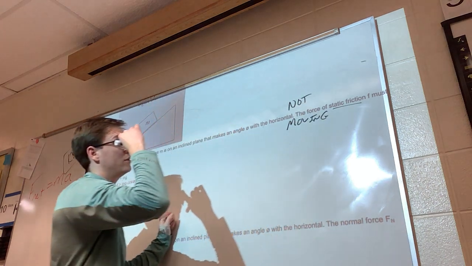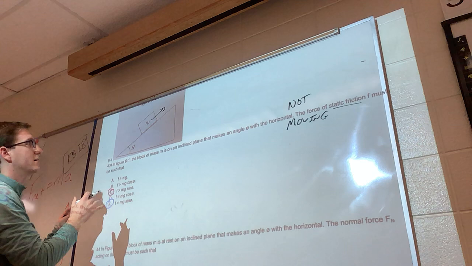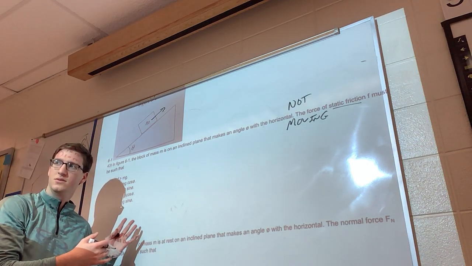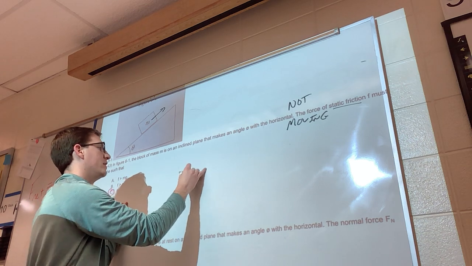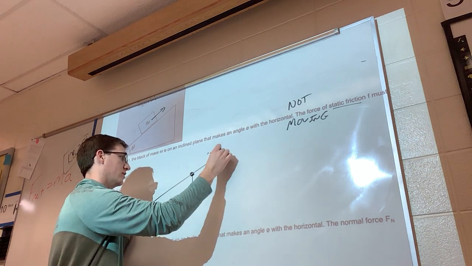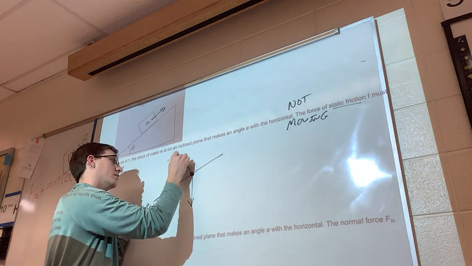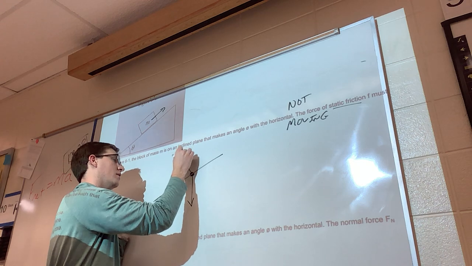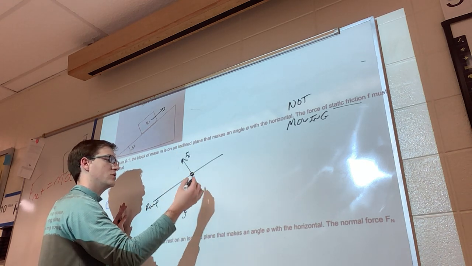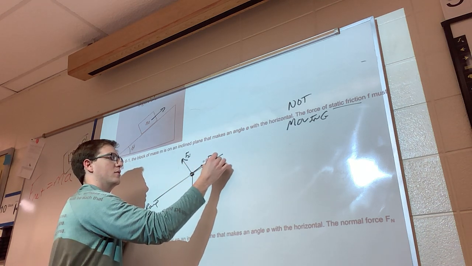And if it's not moving, I need some force pointing against it sliding down the hill. So my free body diagram, if there was no friction, would be just the ramp, Fn and Fg. But since there is friction, friction is resisting sliding down the ramp.